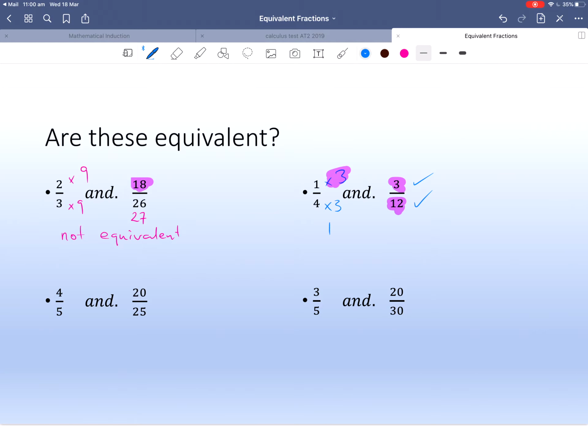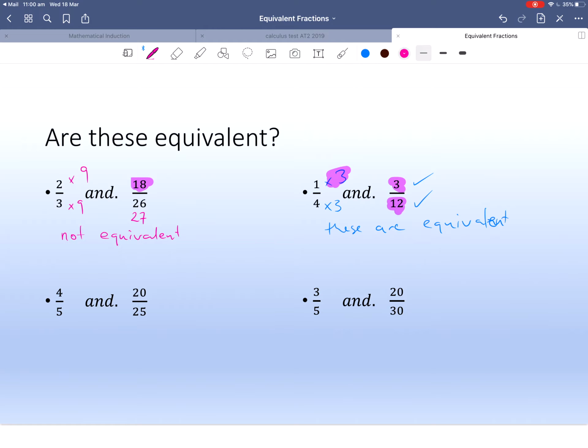So these are equivalent. So remember, if we can times the top and the bottom by the same number and get the same result in the other fraction, we'll see if they're equivalent.